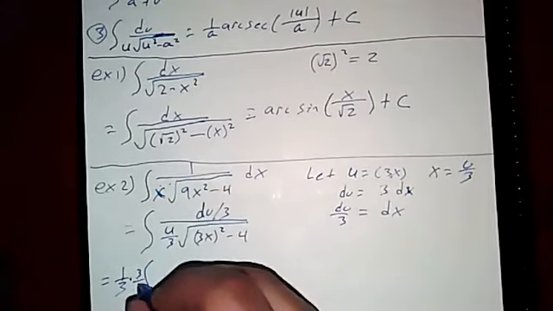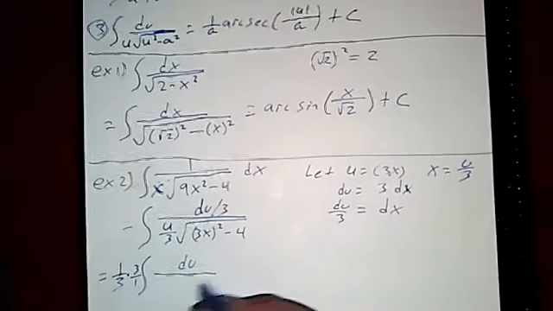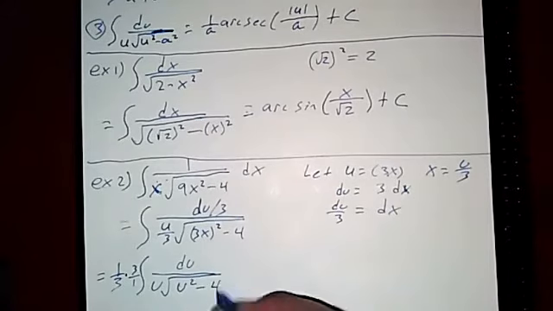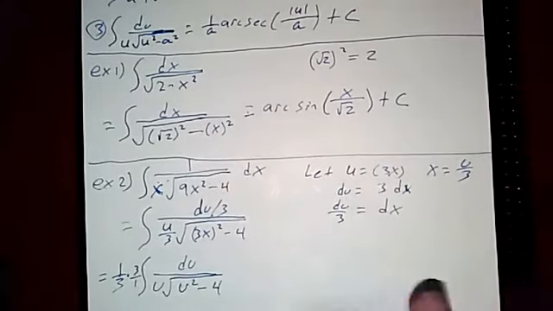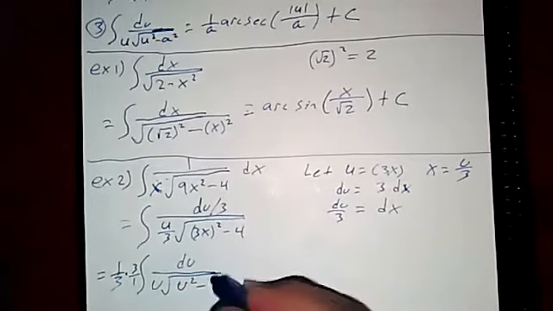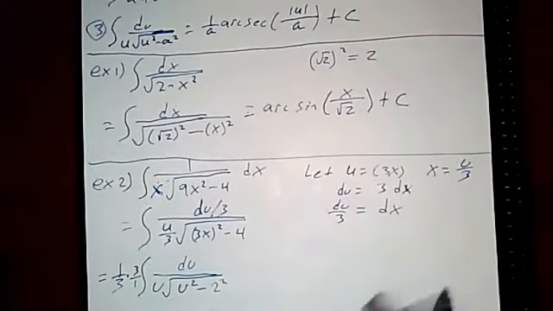So here we go. Now I have du over u times the square root of u squared minus 4, which I will rewrite as a 2 squared. There we go. That's better.